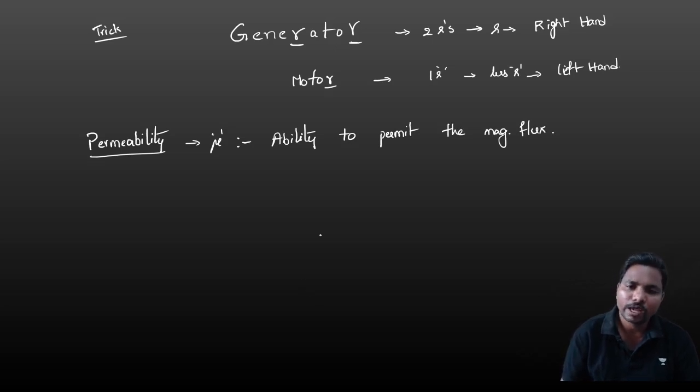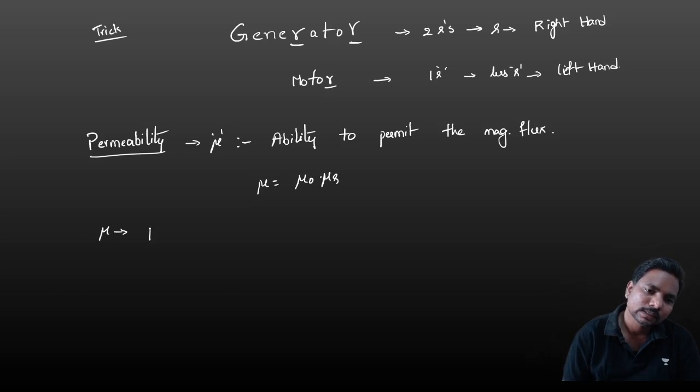If it allows higher magnetic flux, then you can say that is high permeability. Generally, mu is equal to mu naught into mu r. Here, mu is the permeability of material or permeability of medium.